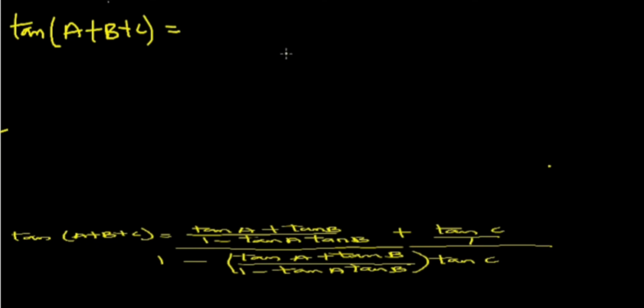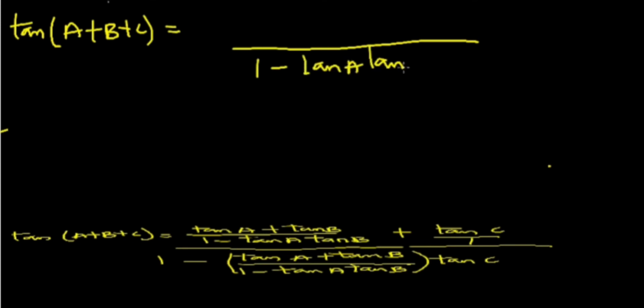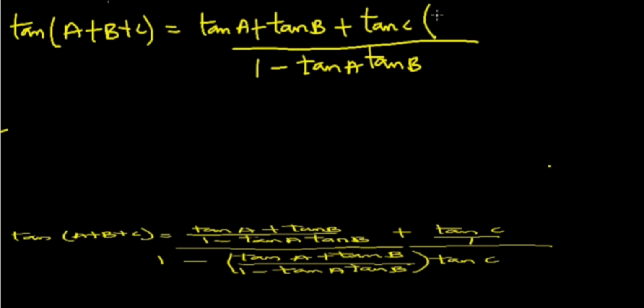Looking for the LCM, I'll have 1 minus tan A tan B as my LCM. So I'm going to have tan A plus tan B, then plus tan C into the brackets of 1 minus tan A tan B.